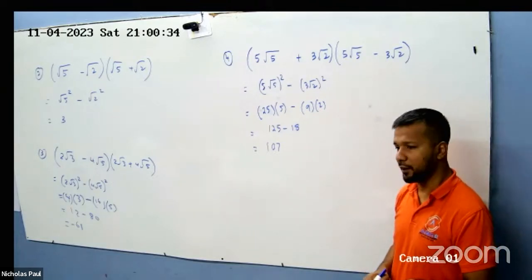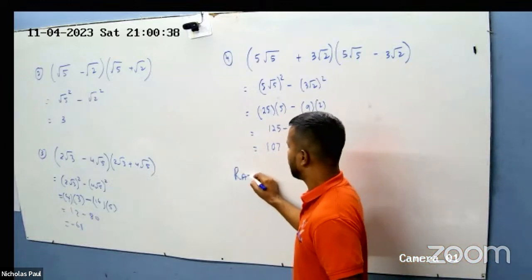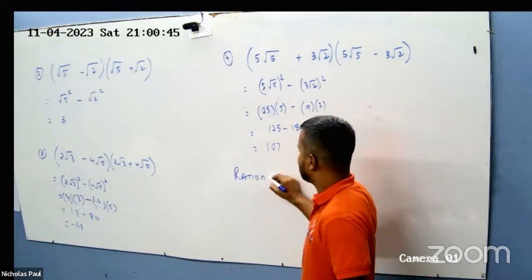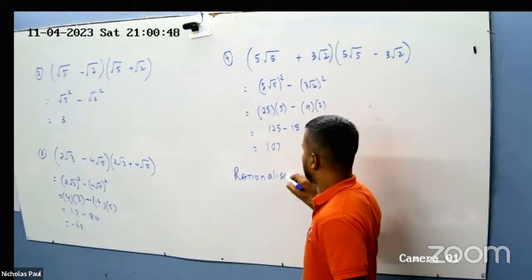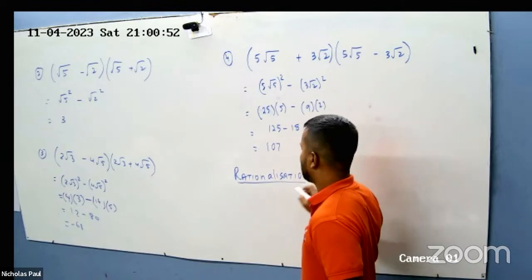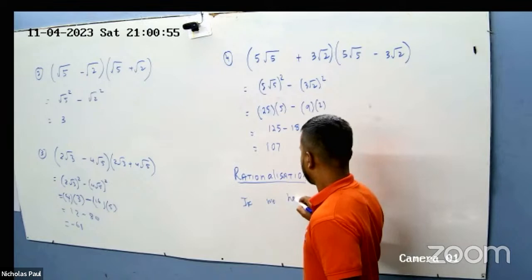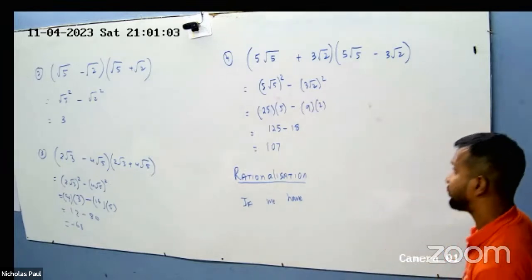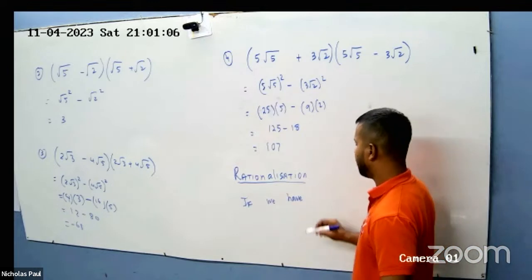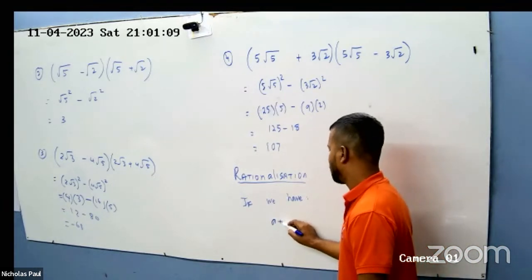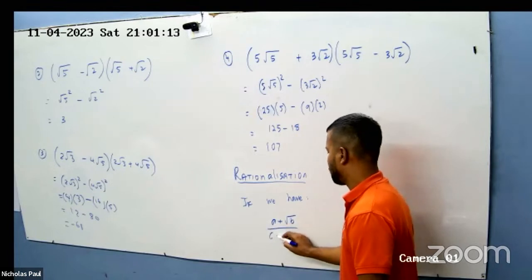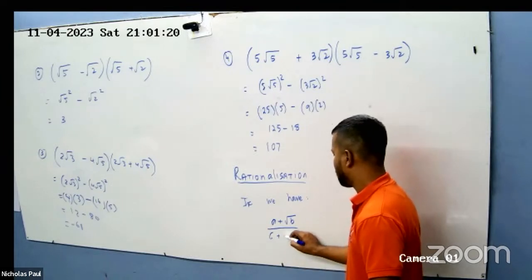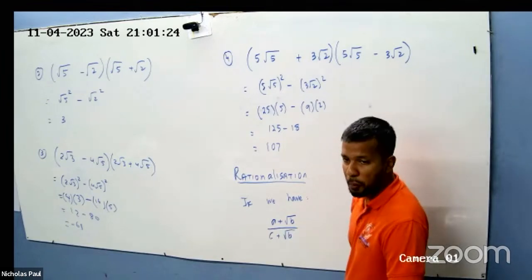The last thing we have to do in surds is something called rationalizing.